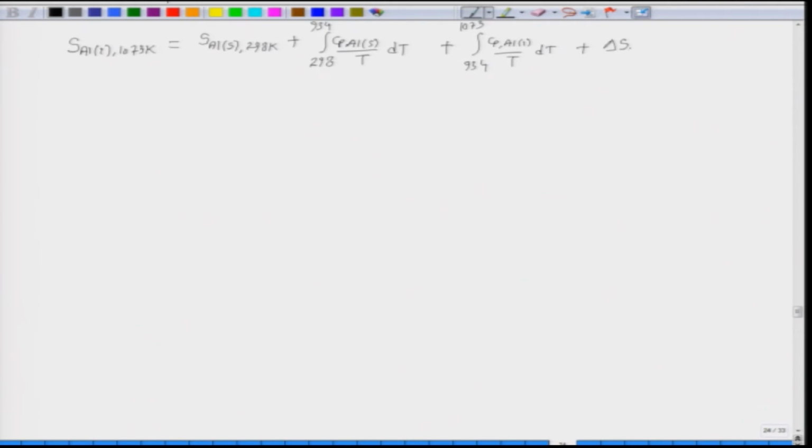So, we need to consider the entropy of melting of aluminum at the equilibrium melting point, 934 Kelvin.